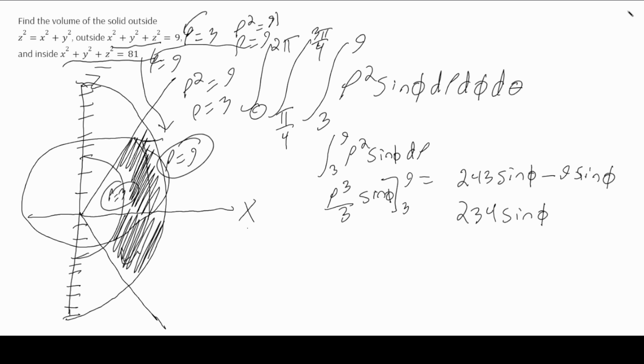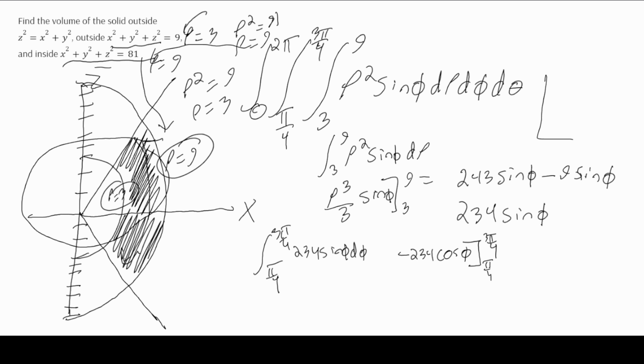Now we're going to do the next part, which is phi from pi over 4 to 3 pi over 4 of 234 sine phi d phi. This is going to be negative 234 cosine phi from pi over 4 to 3 pi over 4.